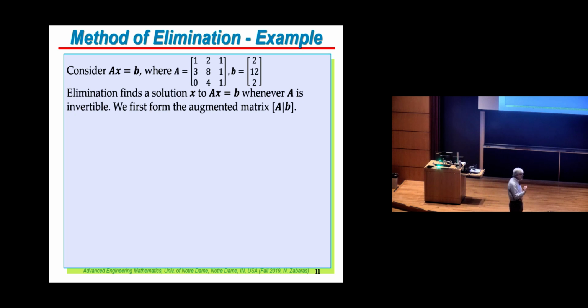So the first thing I'm going to do, I'm going to start doing row operations on the matrix A, but because I want to solve AX equal to B, I'm going to combine A and B together in one new matrix that I call the augmented matrix. So think of next to A, you put the column of B, and you think of this as a new matrix. So effectively, whatever operations I do on A, I'm going to do them also on the vector B. I have to, right?